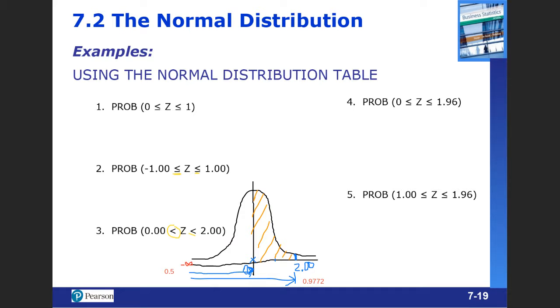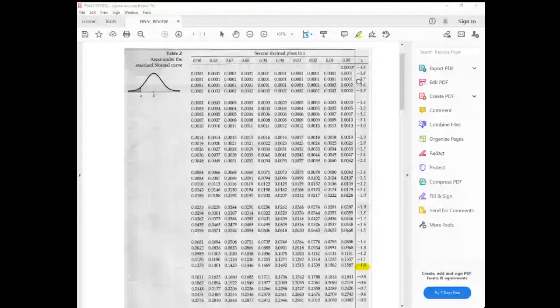And I'll just show you where I'm getting the 2.00 from in the table. Okay, any questions before I switch over? No questions. Okay, so going to my table. Now this is the wrong page because z is negative here.